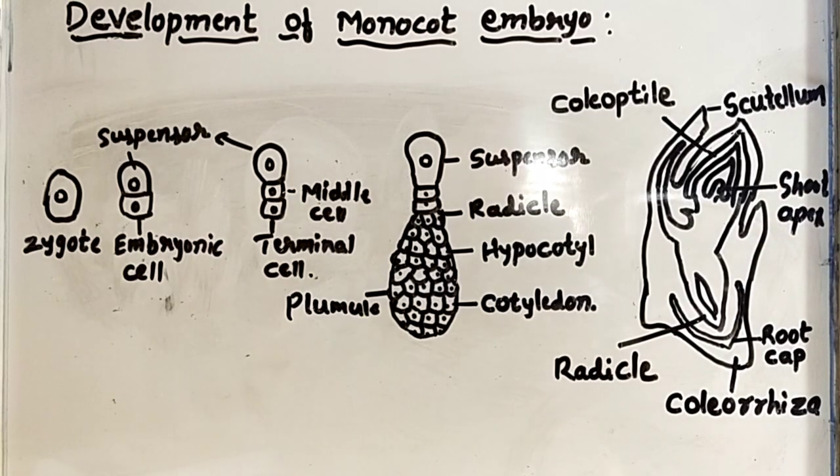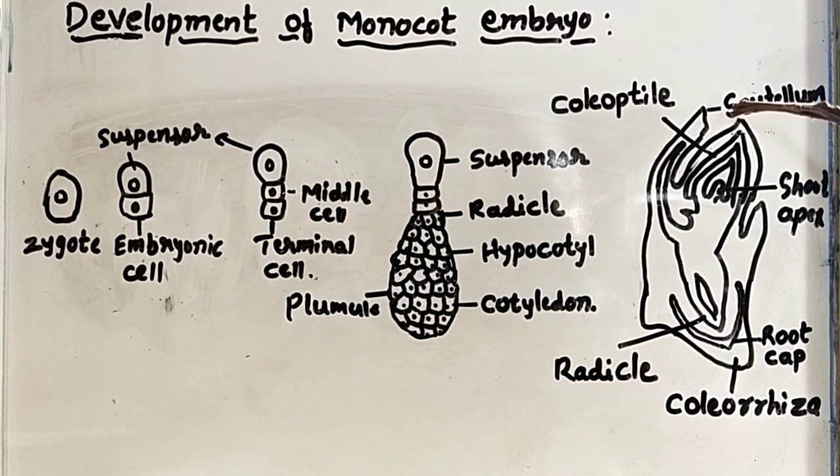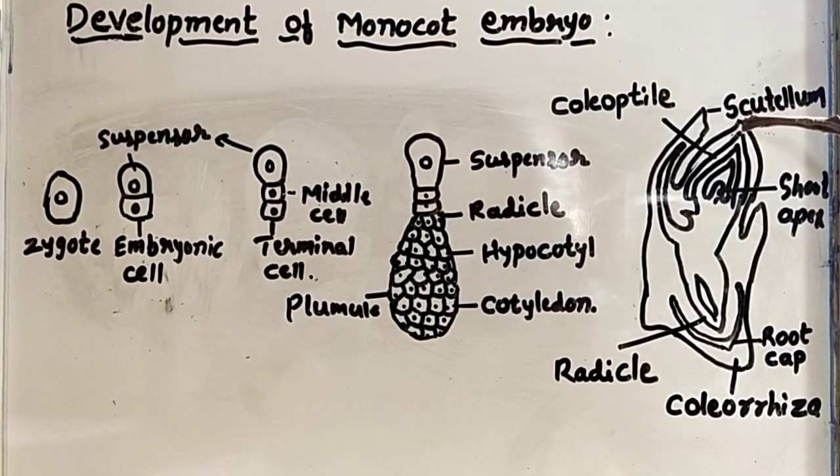Let us take the scutellum first. The scutellum is the single cotyledon of the monocot embryo. In the monocot, how many cotyledons are present? Only one cotyledon.